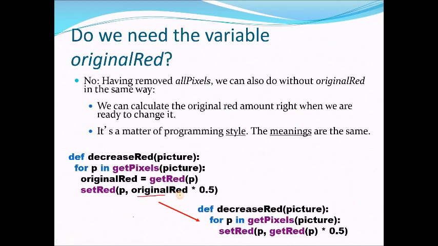Original red, these two variables, this one variable used two times, it's gone, finished. And I put the value of the original red directly over here. Clear? So that's how it works, and I reduce the code.